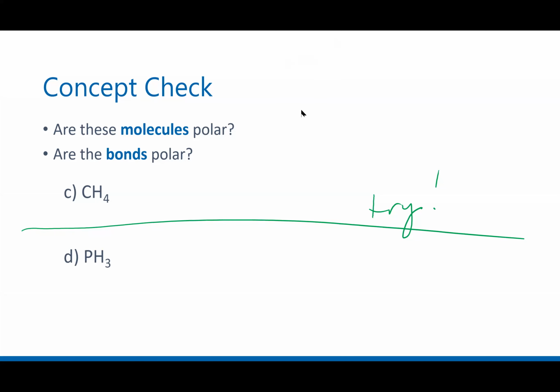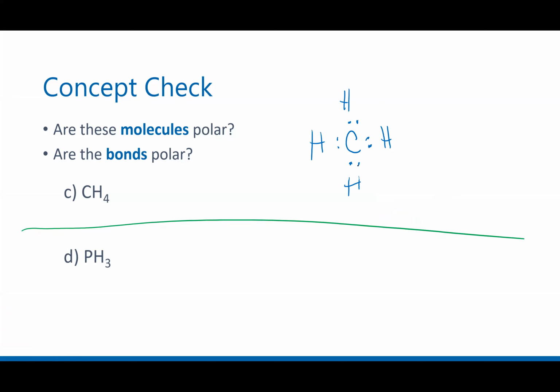So let's try these molecules here. I'll pick blue. All right, so CH4. CH4 would look like this. And I can draw it very quickly because I've drawn CH4 about 1,000 times in my life. So there's CH4.